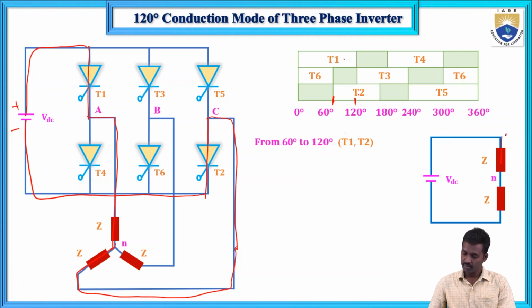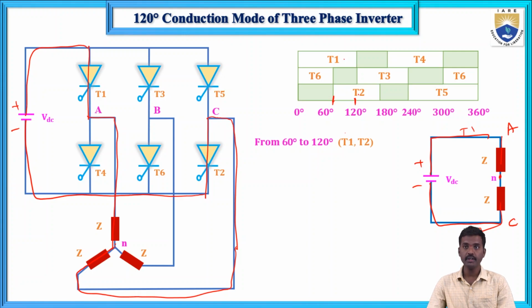Now here this is A and this is C, next this is neutral, this is the negative terminal and this is the positive terminal. This is T1, this is T2, that are short circuited.